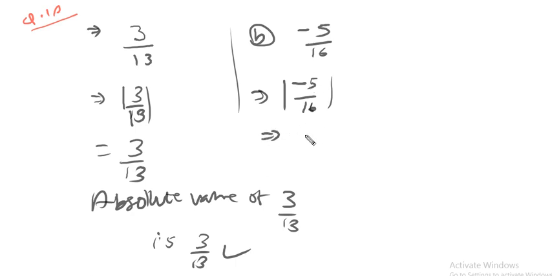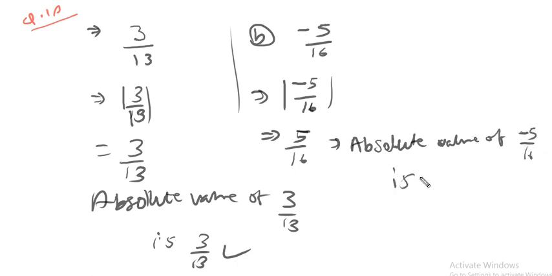There is a negative, so it will become positive, means it will become 5 by 16. So you can write here the absolute value of minus 5 by 16 is 5 by 16, like this.